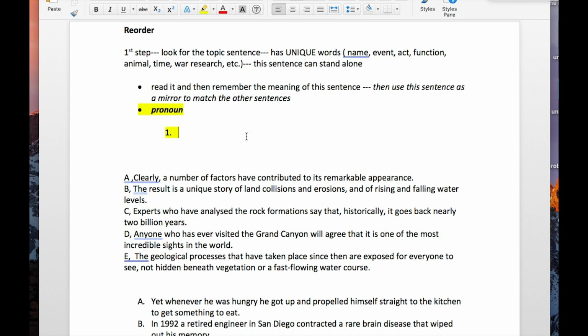Number one, we have those pronouns that are mentioned for the second time: it, its, that, this, which. Their appearance means something has been mentioned before. So you need to look for a sentence before these sentences, and they are singular.